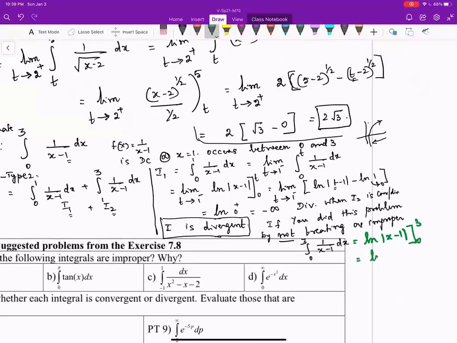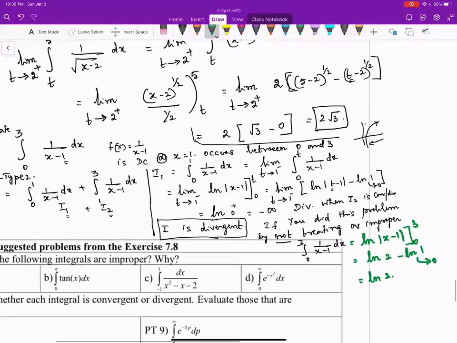This will end up as ln of 3 minus 1, ln 2, minus ln of absolute 0 minus 1, ln 1, which is equal to 0. So you would have said that its value is equal to ln 2.